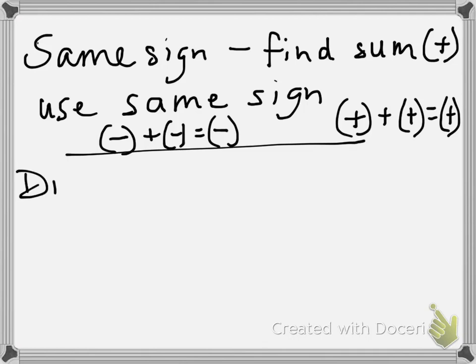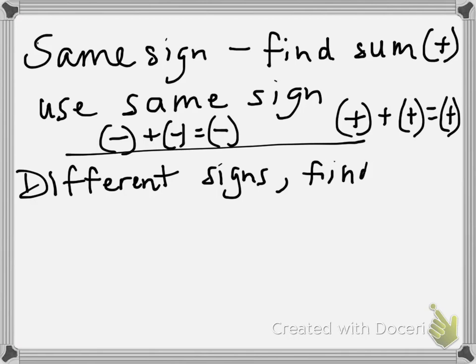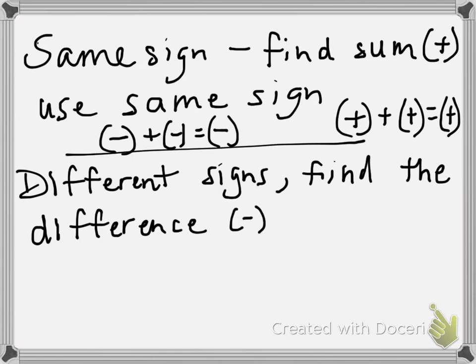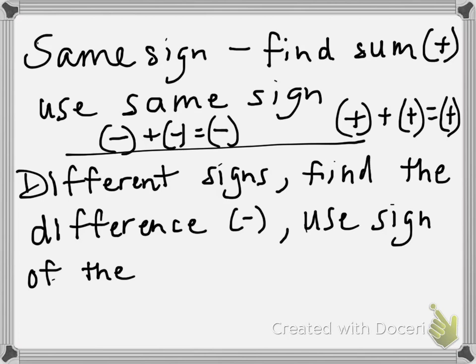Okay? If you have different signs, then you find the difference. So that means you're going to subtract and then use the sign of the larger absolute value.